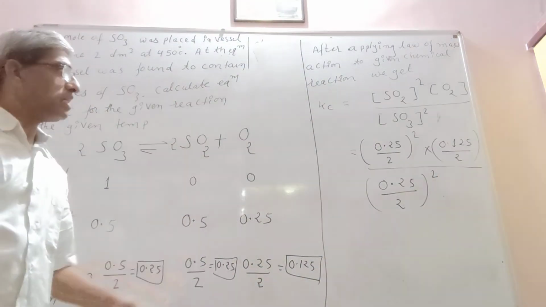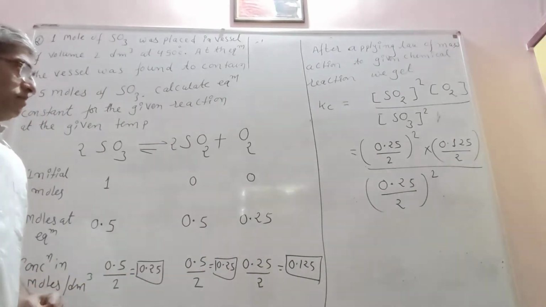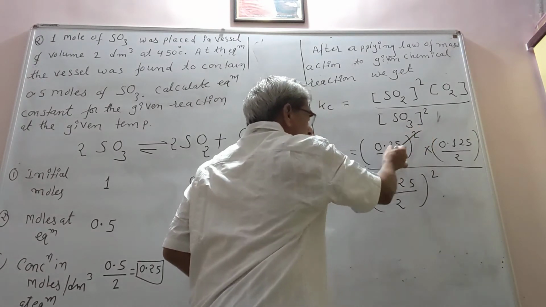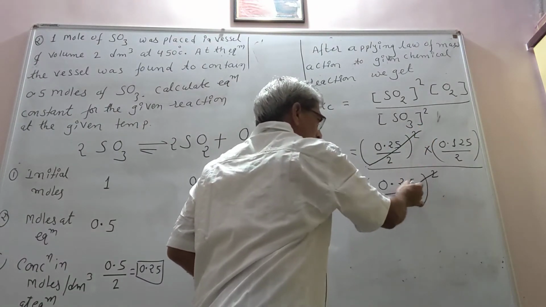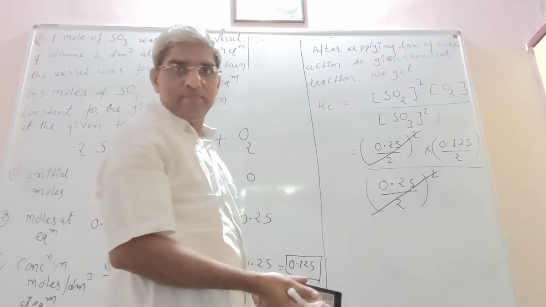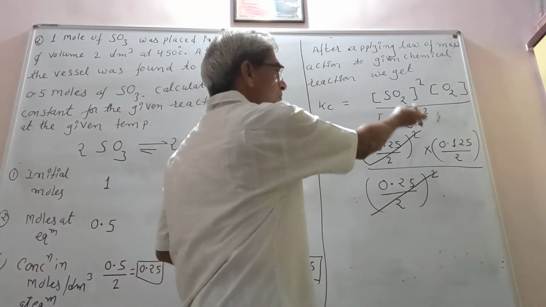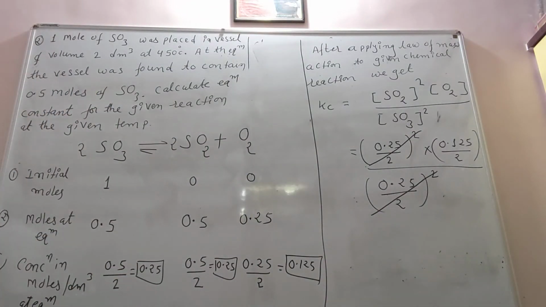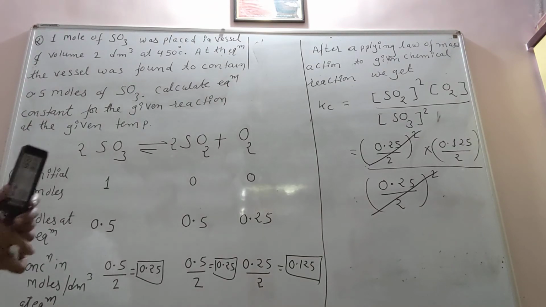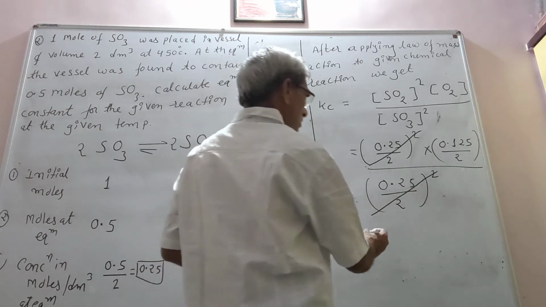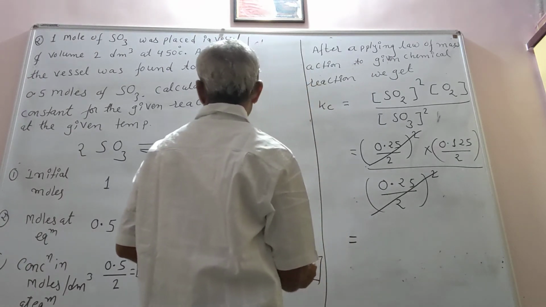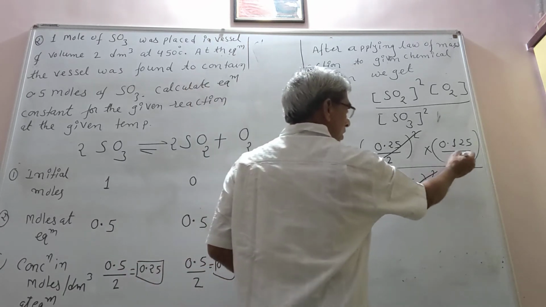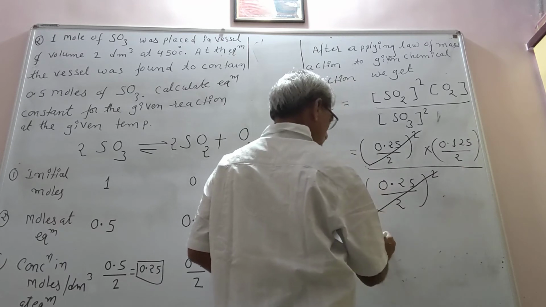Then simple mathematics: 0.25 upon 2 whole raised to 2 gets cancelled, and we simply divide 0.125 by 2. Therefore, the answer is the O2 concentration divided by 2.